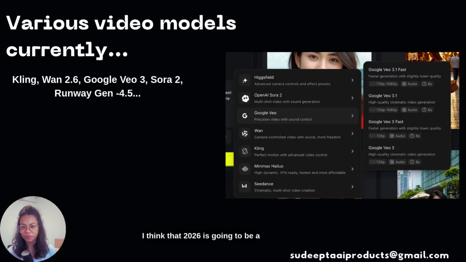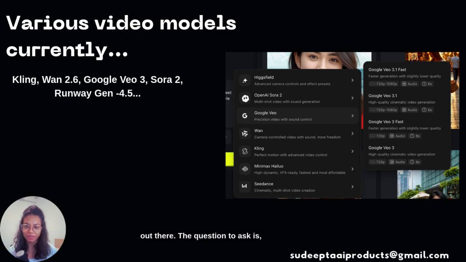I think that 2026 is going to be a great year, and we will see massive improvements in video gen models. They've already become so much better than what we saw even just a year back, right? And currently, if you just explore, there are a lot of good models out there. There's Kling, there's Wan 2.6, Google Veo 3, Sora 2. And again, the question to ask is not which is the best model out there.